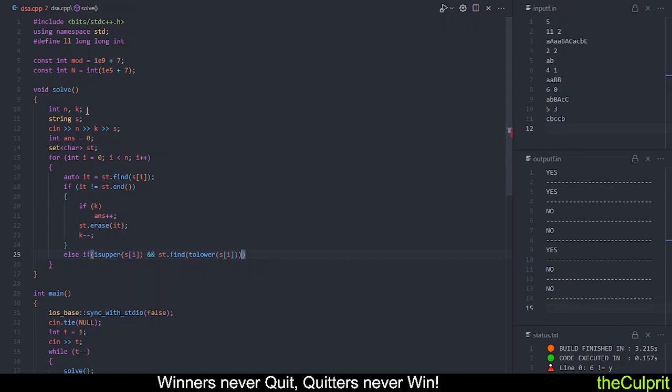If this current character is in uppercase and I'm able to find a lowercase character of the same letter, not equal to st.end.